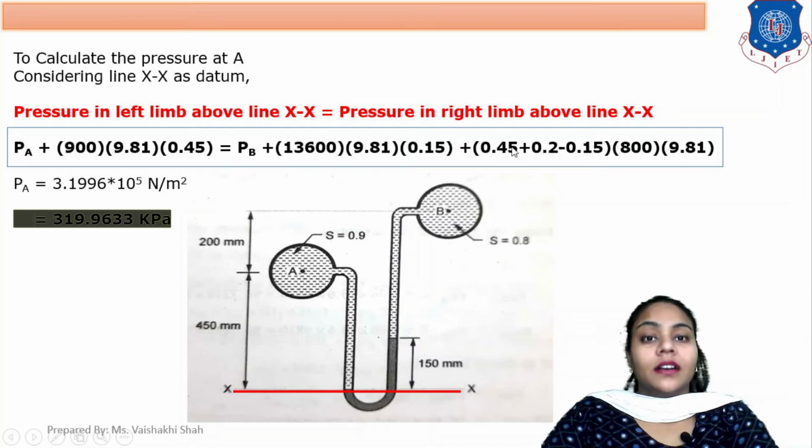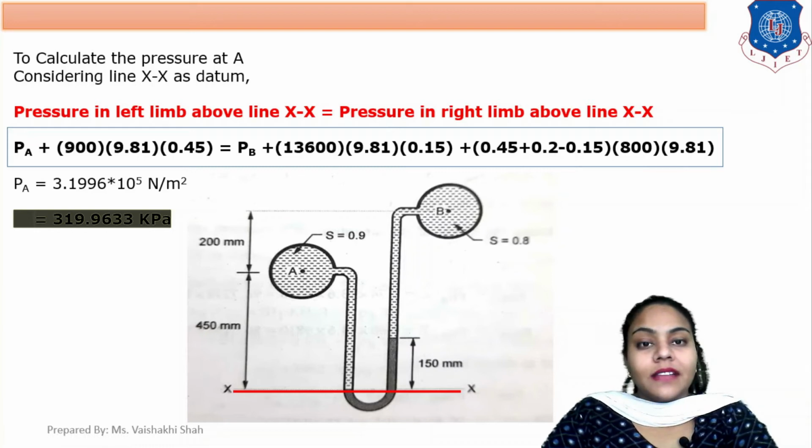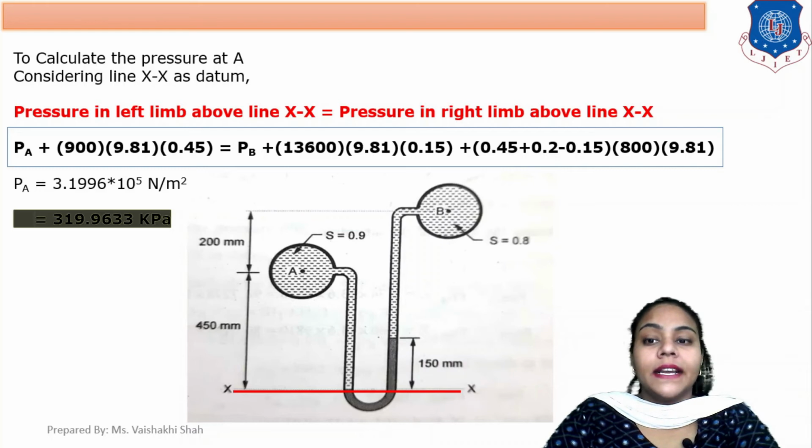So here rho 3 g h3, that is 800 into 9.81 into the height, 0.45 plus 0.2 minus 0.15, which is the height of fluid in pipe B. By solving this equation in the calculator, your final answer for pressure at A is 319.96 kilopascal or 3.199 into 10 raised to 5 Newton per meter square.